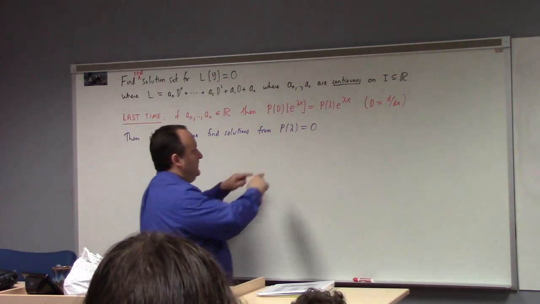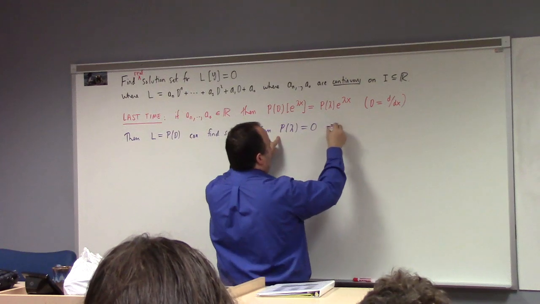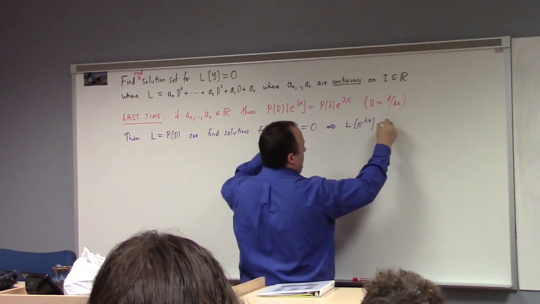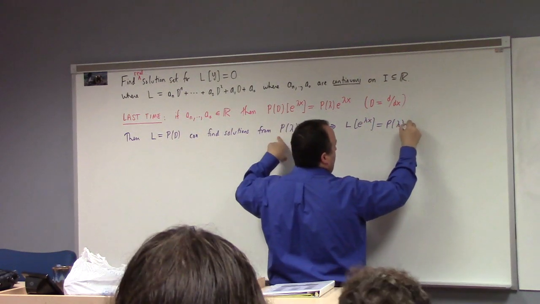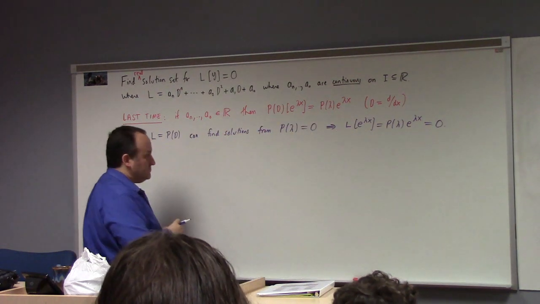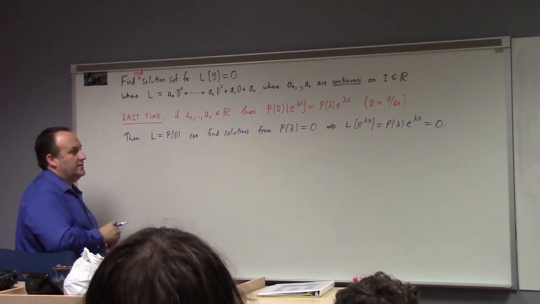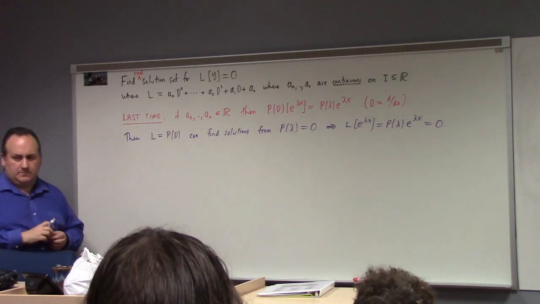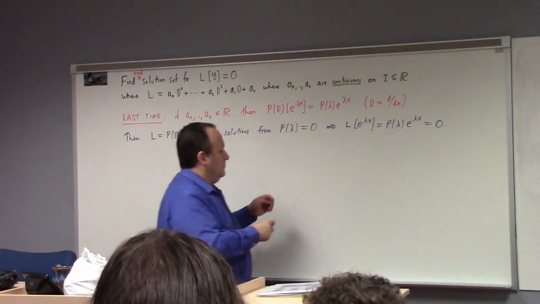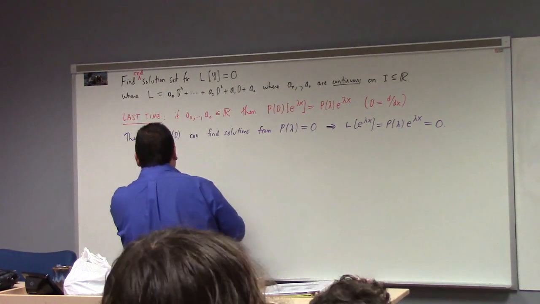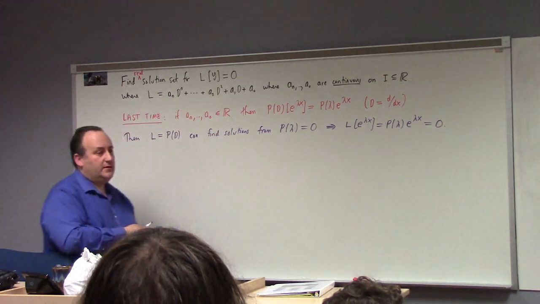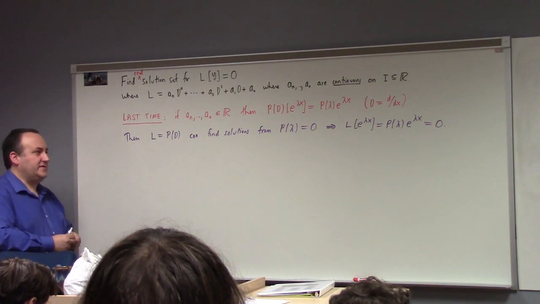Because if you have P of lambda equal to 0, that implies that L of e to the lambda x equals P of lambda e to the lambda x, which is equal to 0. So each solution to P of lambda equal to 0 gives us a solution to the problem, right?